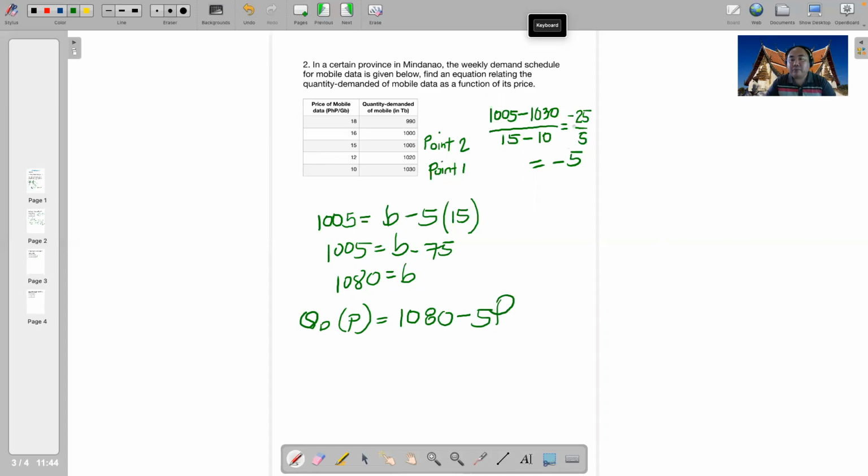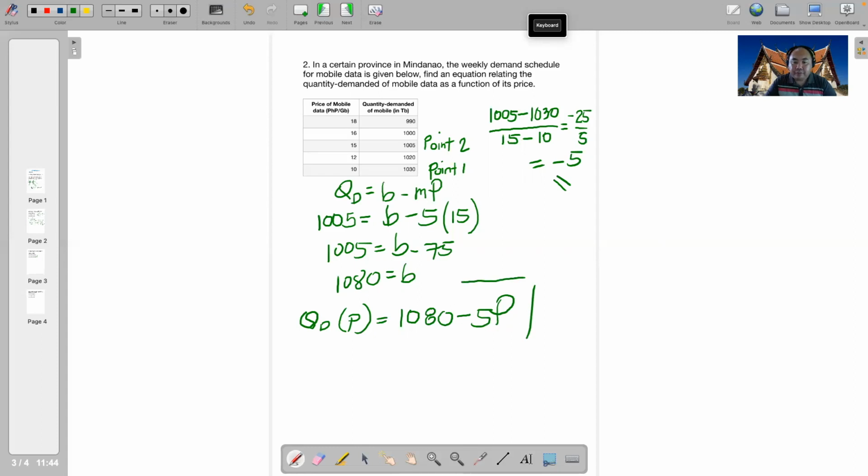First, we find the slope. Once we find the slope, we use this to figure out what is the y-intercept. Okay, because you know that quantity demanded is some constant minus the slope times price. Okay, so you have your demand model.